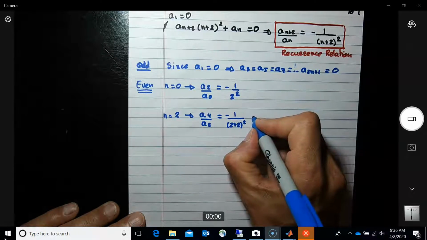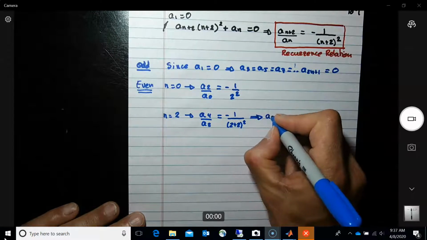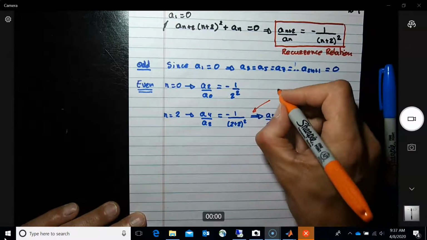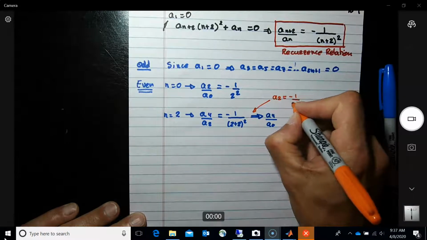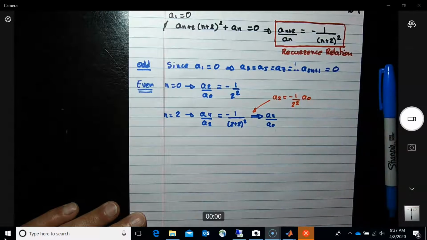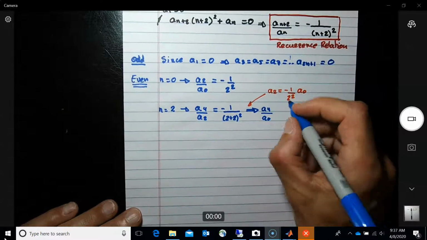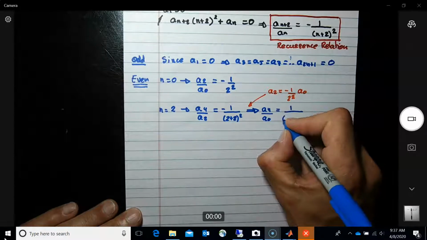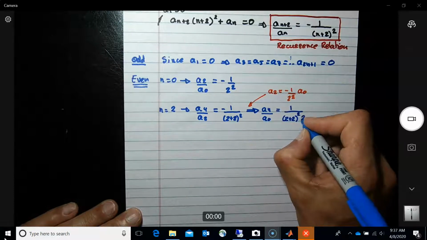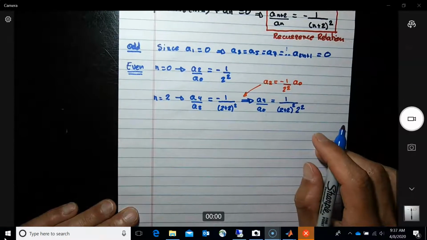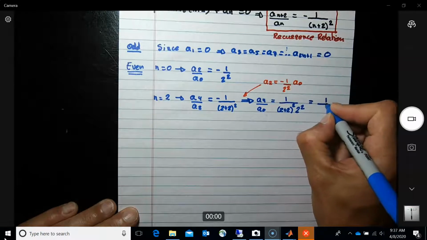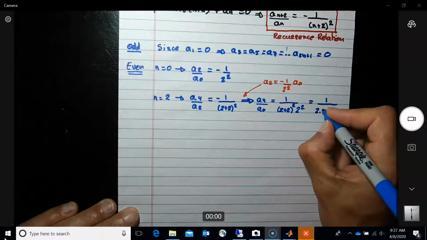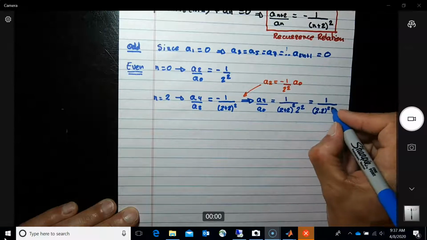Now we can say, as before, a4 over a0, using the fact that a2 equals minus 1 over 2 squared times a0, would give us 1 over 2 plus 2 squared, 2 to the 2, which is equal to 1 over 2 times 2 squared times 2 squared.